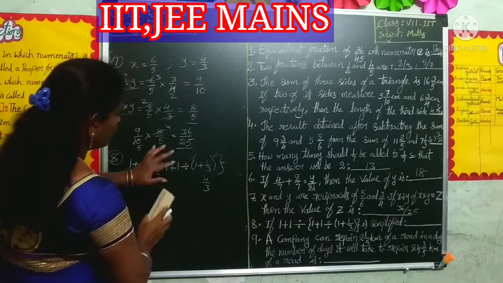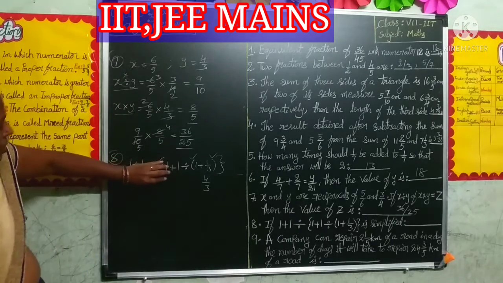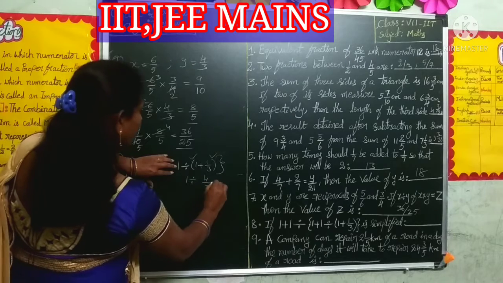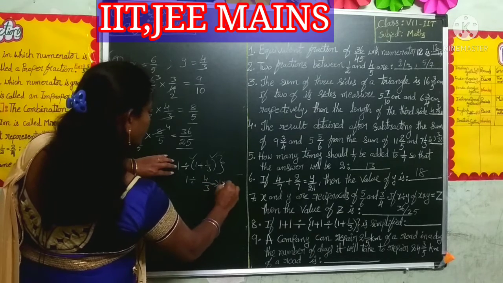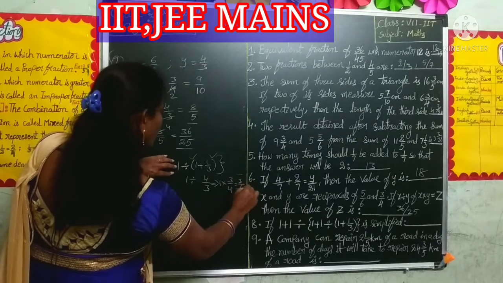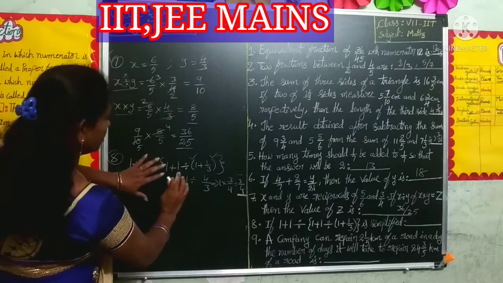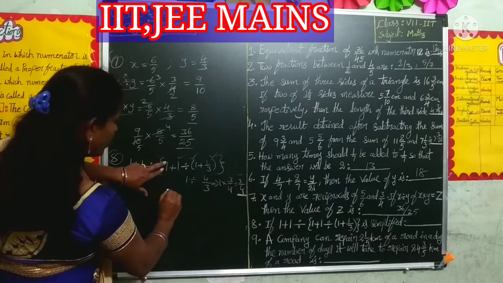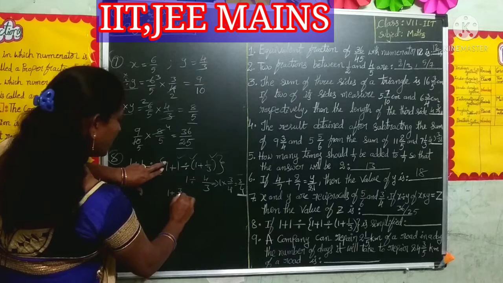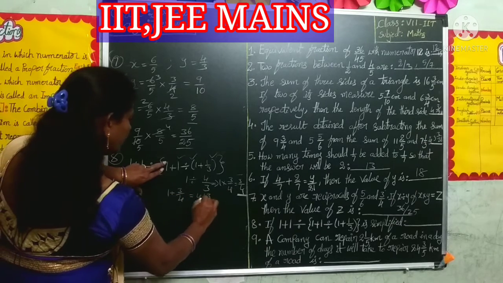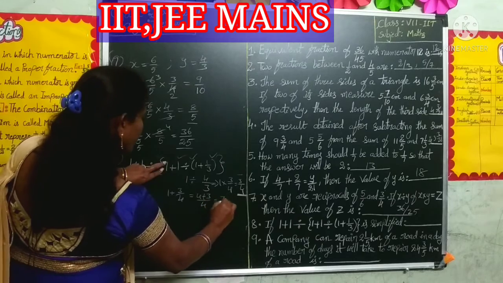Next, don't touch this. Here only 1 divided by 4 by 3. Division sign converts into multiplication, fraction becomes reciprocal, means 3 by 4. Up to here is over. Next, 1 plus 3 by 4 is equal to 4 fours are 4, plus 3, by 4, means 7 by 4.